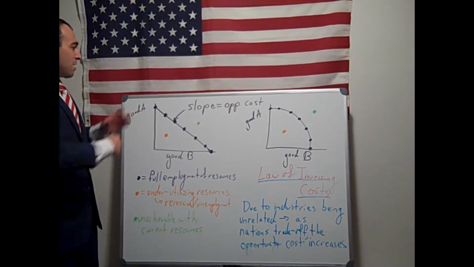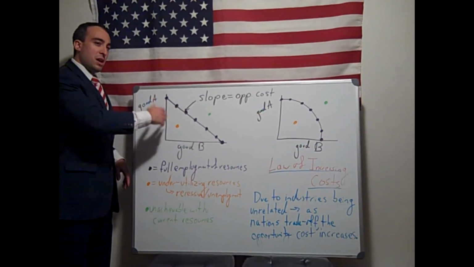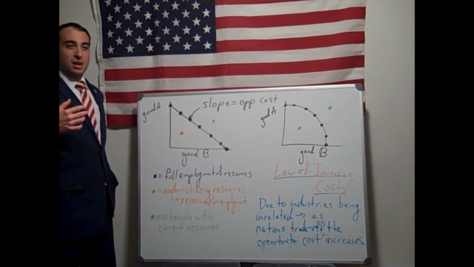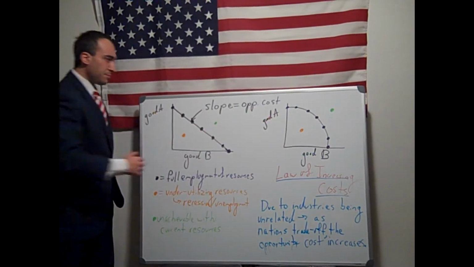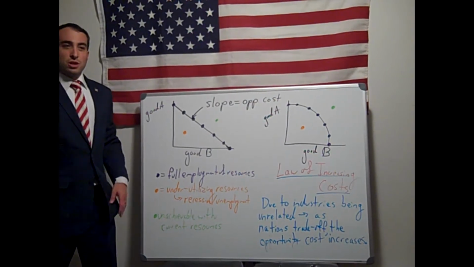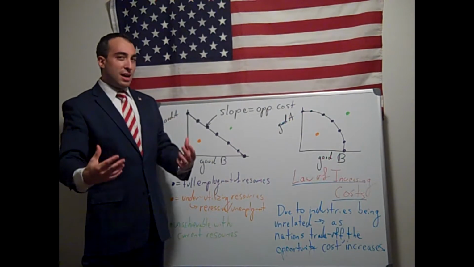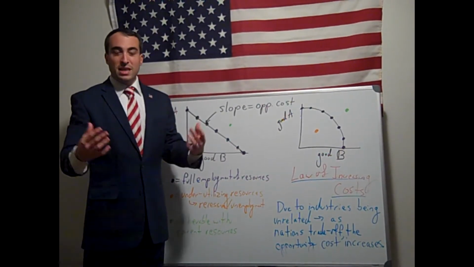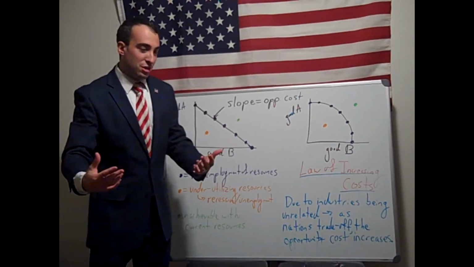So if we were to have graph paper and we were to assign numbers, we would do rise over run, and the slope, the rise over run, would be the opportunity cost. But the test is really never going to ask you to do that. Graphs serve as a visualization of the economy and economic concepts, and in this case the production possibilities curve serves as a visualization of a nation's production potential.